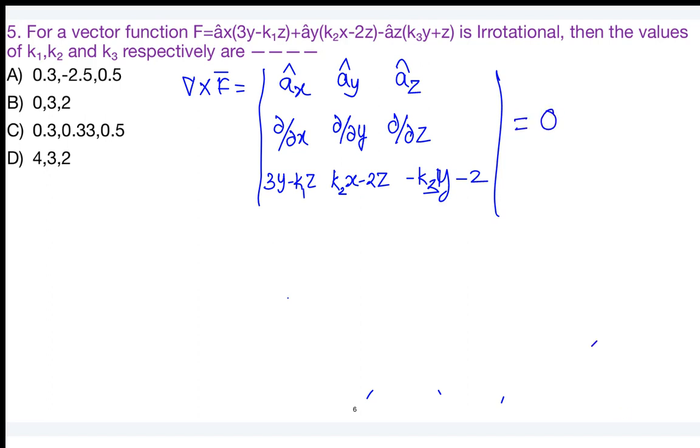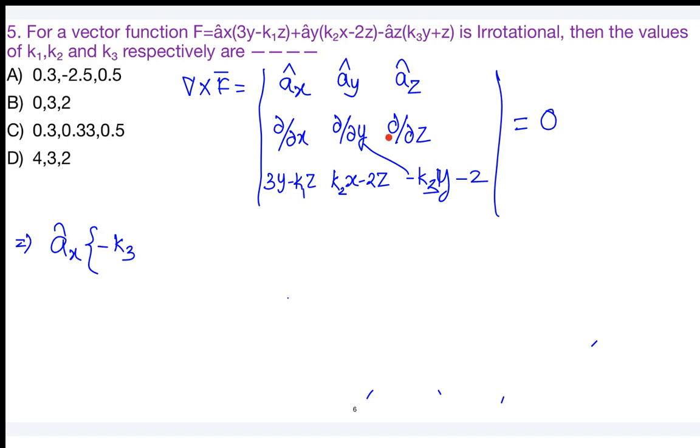So what will you get? Ax cap into dou by dou y of this term, which will be minus k3, and dou by dou z of this one, what will you get? Minus 2.